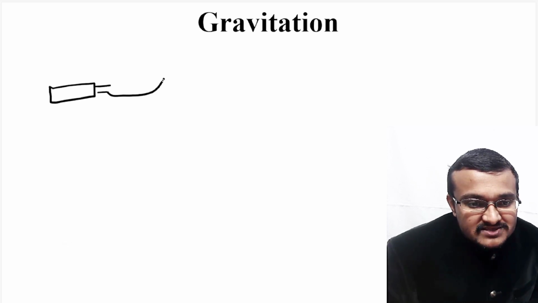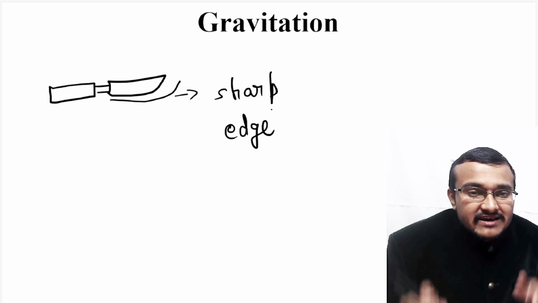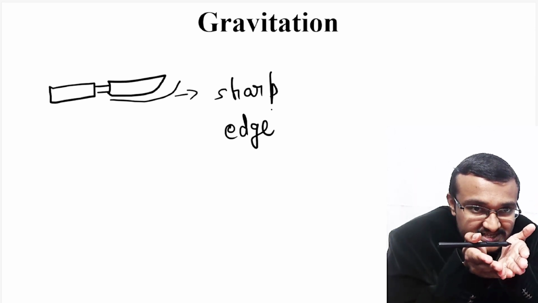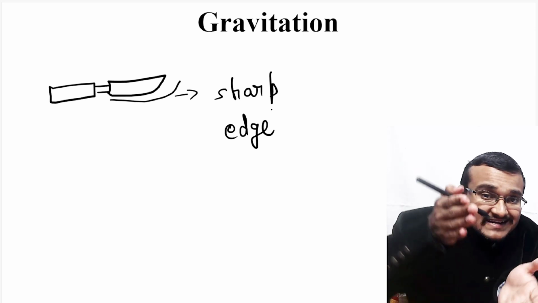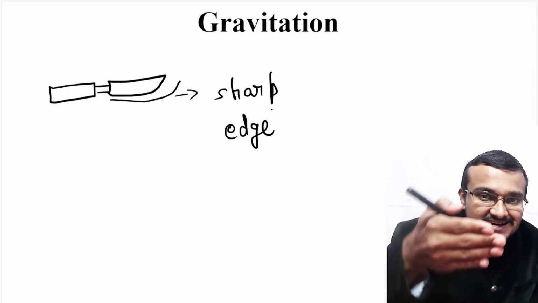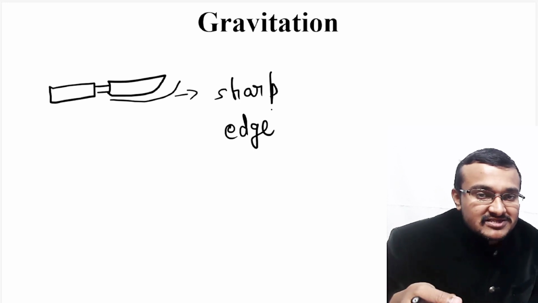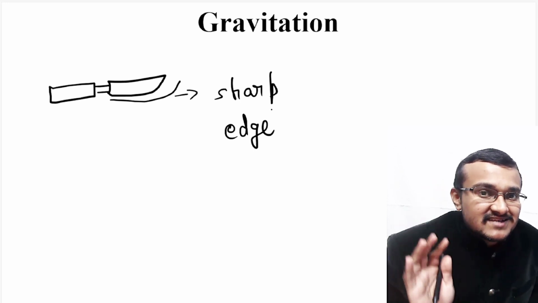If you consider a knife like this, the knife will have a sharp edge. That means they have reduced the surface area of the knife so that it can easily penetrate. When you are cutting vegetables or fruits, it can easily cut them because with less force, more pressure can be generated since surface area is less.